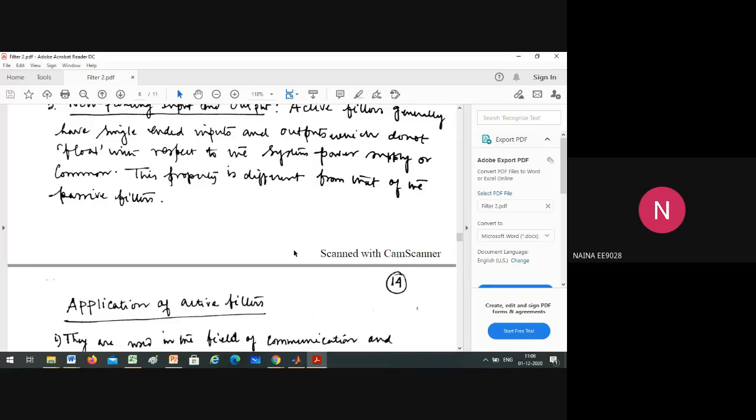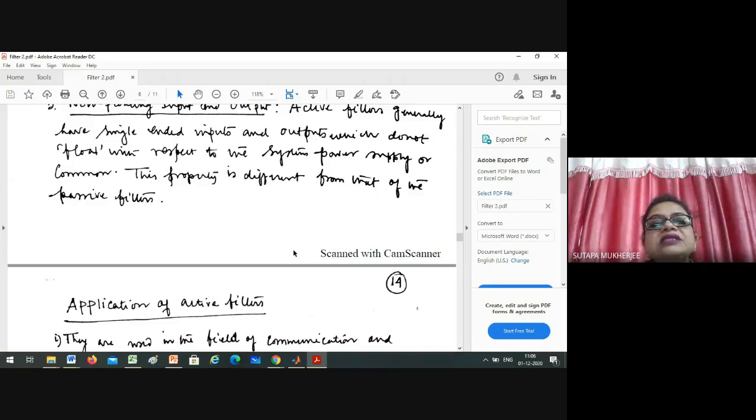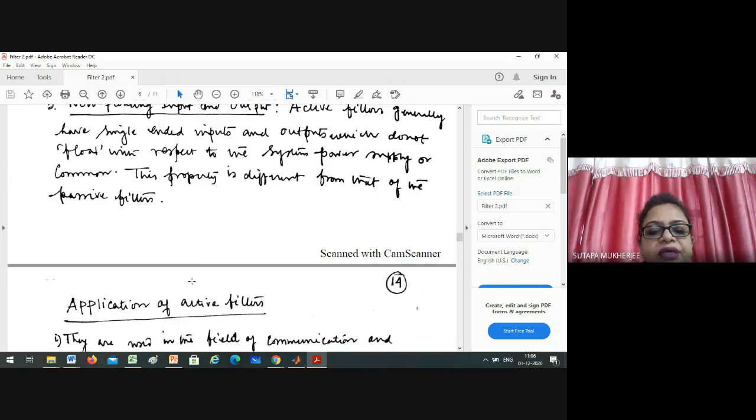Ma'am, it can be used in the processing of signals, where you have to block or you have to pass whatever may be your requirement, right?